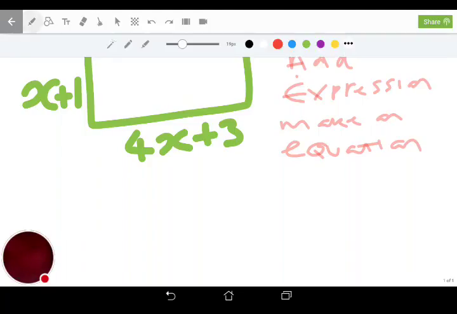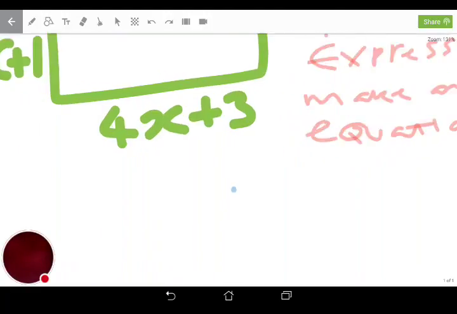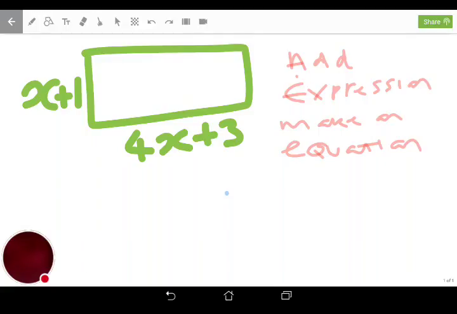So I'm just going to go and have a go at working these out now. I'm going to start off with this one here. So I have got x plus 1, and I should have another x plus 1.